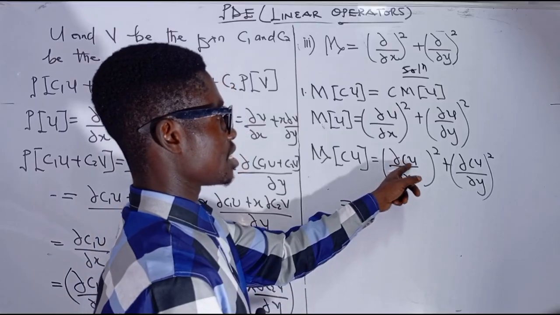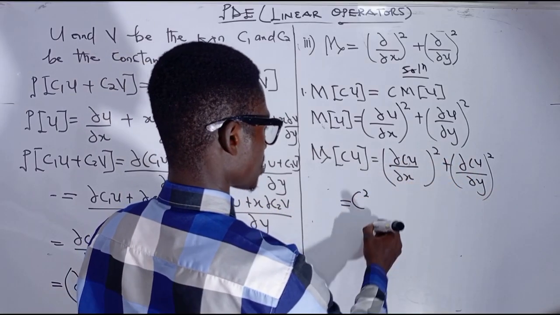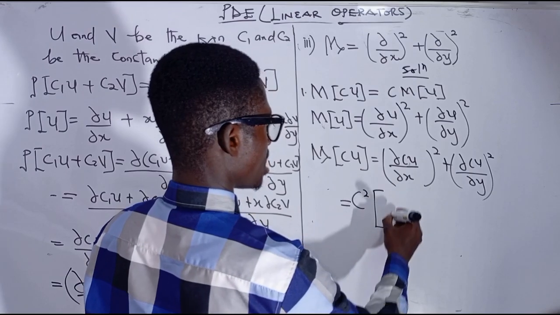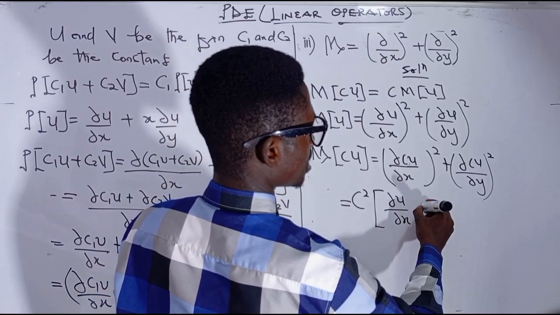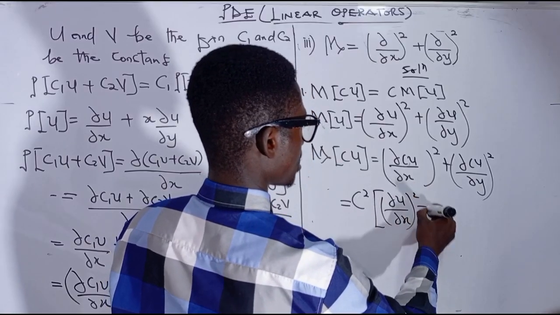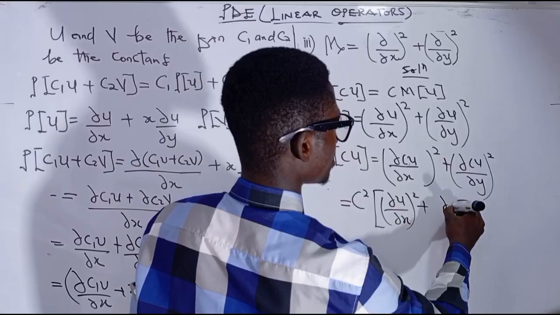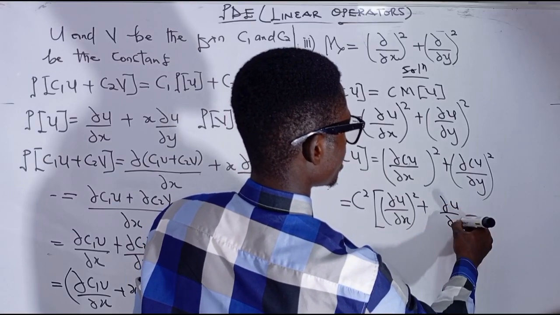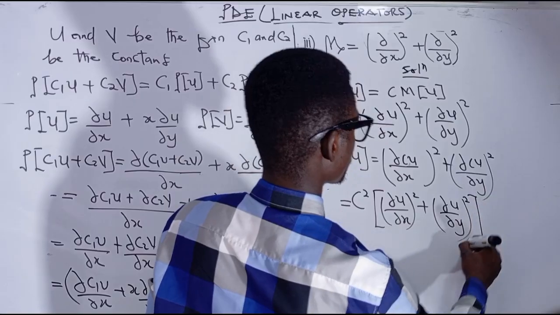Now you can see that we have C here, but it is squared, so we can bring C squared out. We'll be left with del U del x, and all of this is squared. Then we have plus, the C is out, we are left with del U del y, and all of this squared.